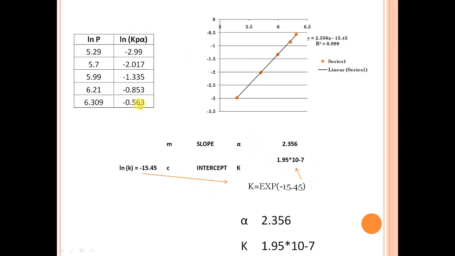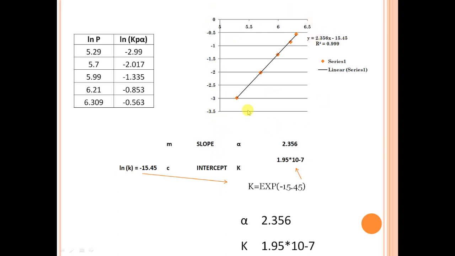Now you have to plot a graph of ln P versus ln Kp par alpha, where ln P is along this direction and ln Kp par alpha is along this direction. Since this is positive and y is negative, it comes in the fourth quadrant.